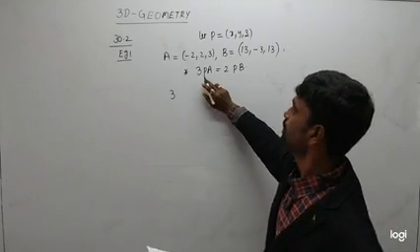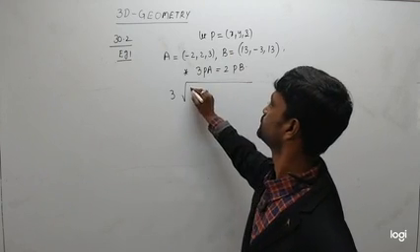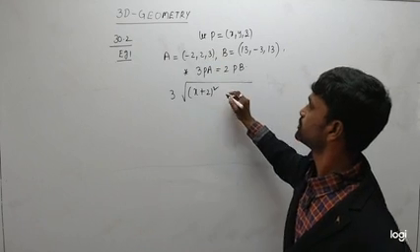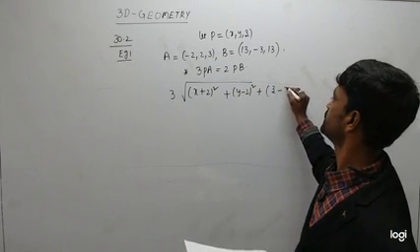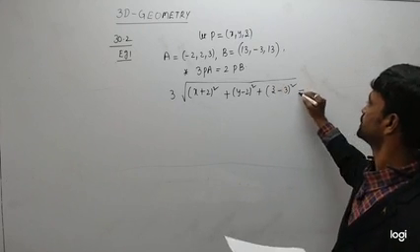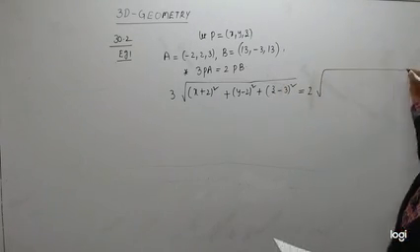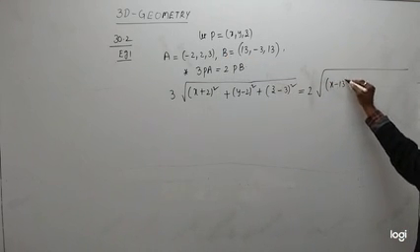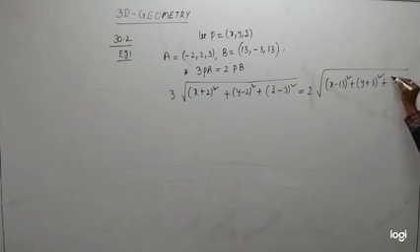So 3 into PA, the distance between P and A using the distance formula, is the square root of (x plus 2) whole square plus (y minus 2) whole square plus (z minus 3) whole square, is equal to 2 into PB, the distance between P and B: square root of (x minus 13) whole square plus (y plus 3) whole square plus (z minus 13) whole square.